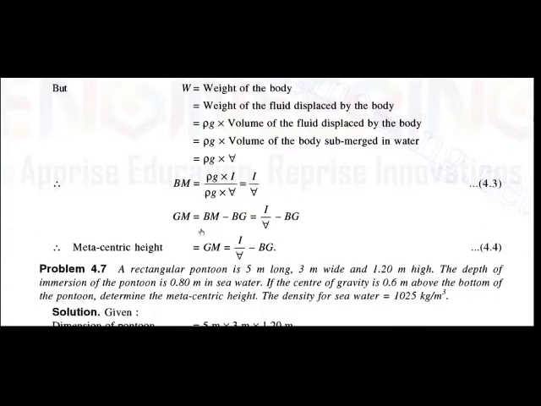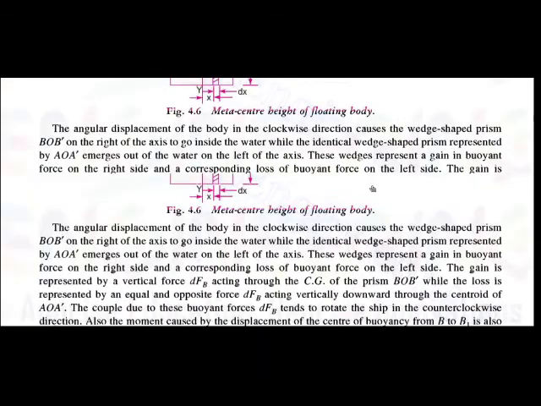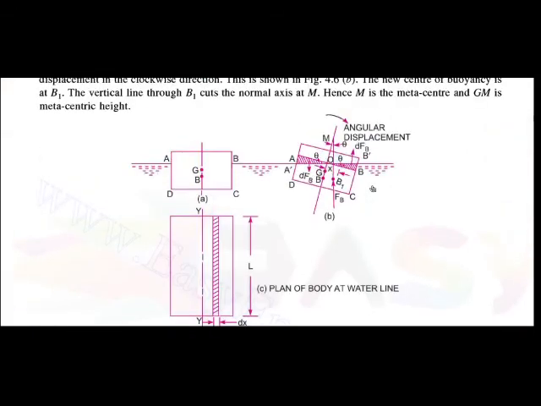So we get the value of BM, but we know that the GM, that is the metacentric height, is equal to what? BM minus BG. Look into this figure. We have to calculate the GM. So from B to M minus BG, then we get the value of MG, that is our GM. So that is the metacentric height.